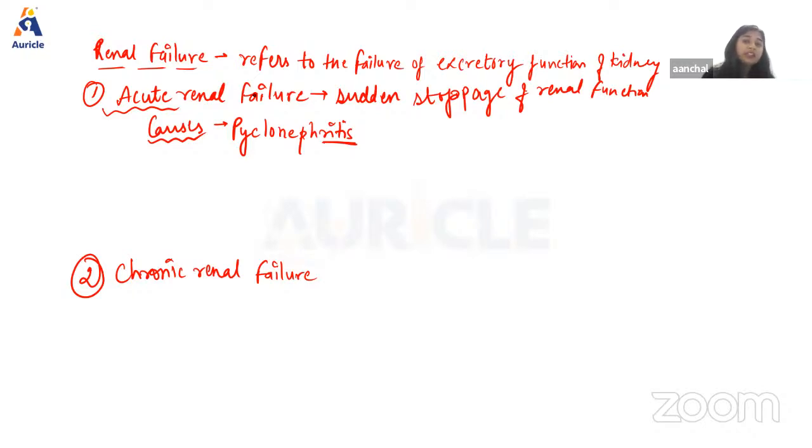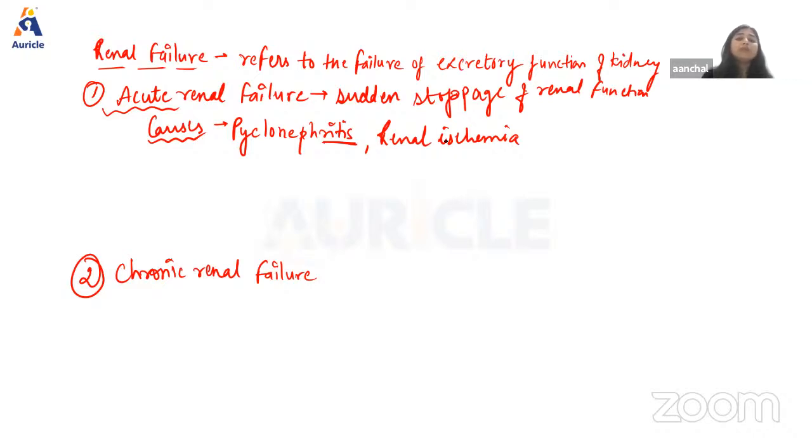Okay. And the second cause we have is renal ischemia. Now, what is this renal ischemia? Ischemia means inadequate blood supply to a part of body or an organ such as kidney, heart, brain, and it develops due to any kind of obstruction which is present inside the blood vessels, which is supplying to that particular organ.